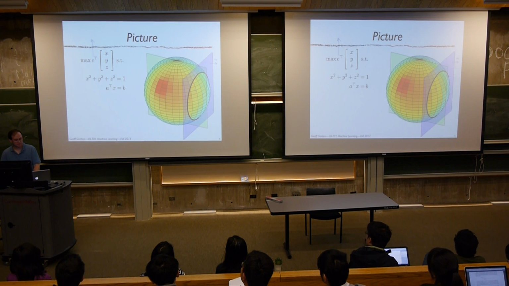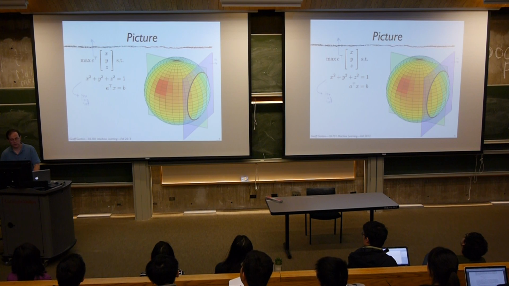And the constraint normals, right? So the normal to this constraint is just 2x, 2y, 2z. Right? We just take the gradient of the constraint, 2x, 2y, 2z, gradient of 1 is 0. And the gradient of this constraint, right, is just a.